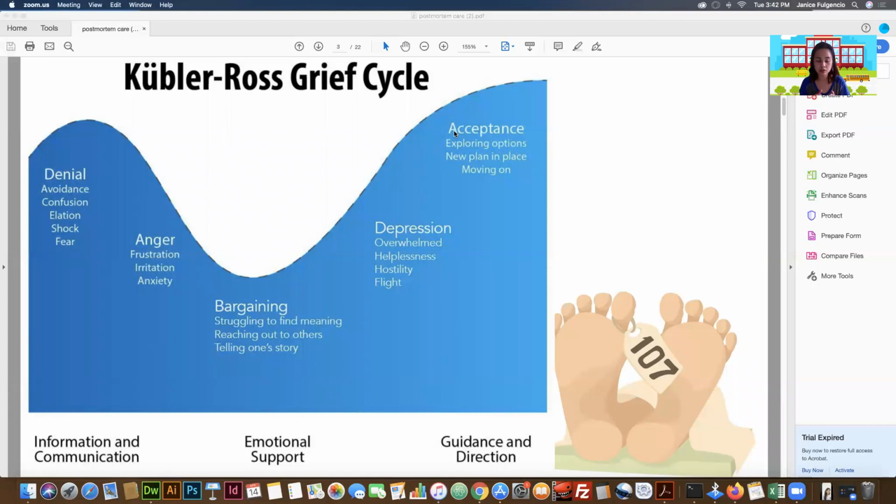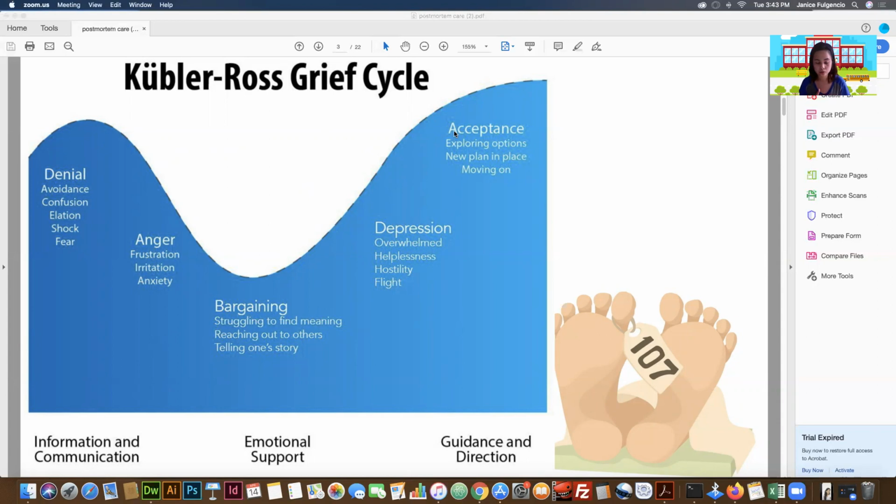According to Kubler-Ross, any person will undergo this cycle. It will start from denial and end at acceptance.